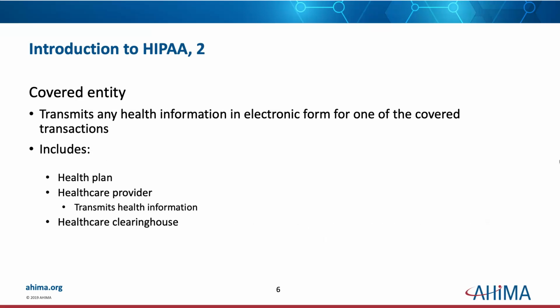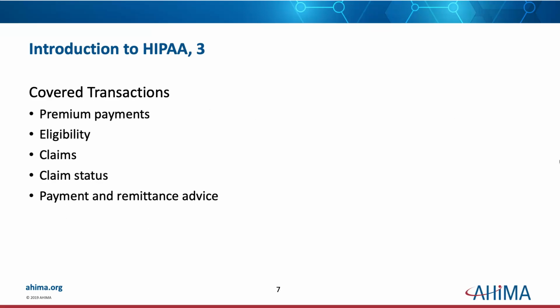A covered entity, we all know what that is. They transmit health information in electronic form. They are either a health plan, health provider, or a clearinghouse. The covered transactions are premium payments, eligibility claims, claim status, payment, and remittance advice.